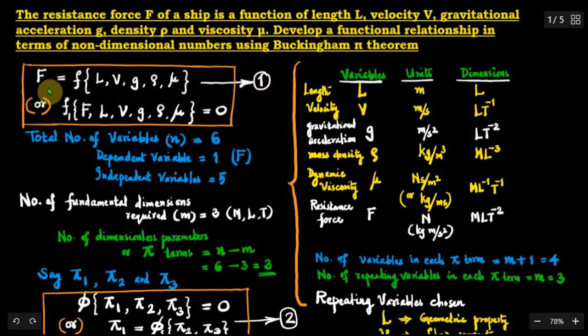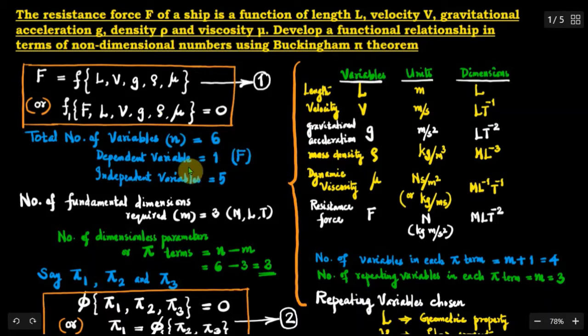So mathematically this can also be written as a function F1 of force, length, velocity, g, rho, mu is equal to 0. Total number of variables involved in this problem is equal to 6. So let us say small letter n is equal to 6.